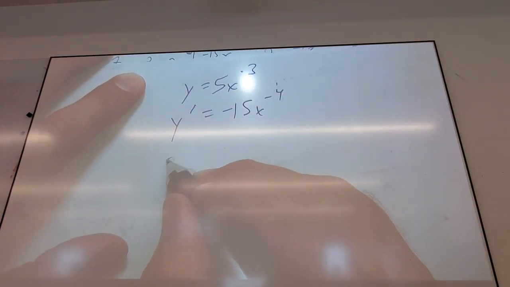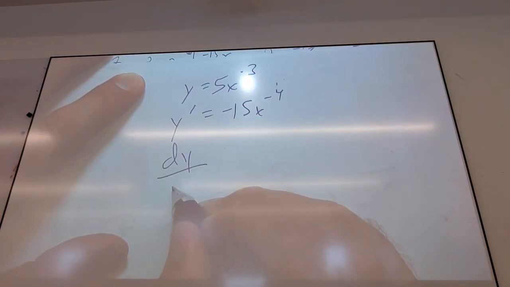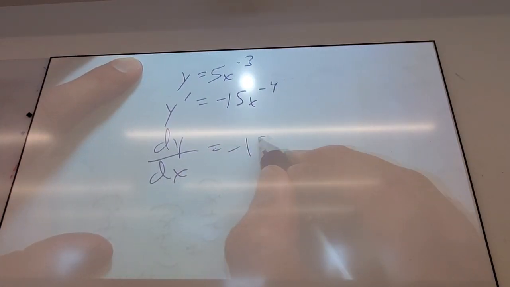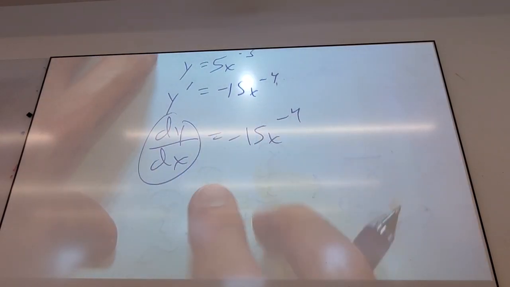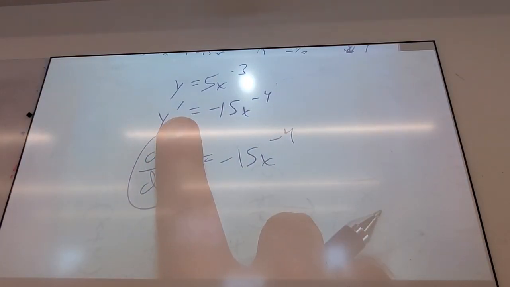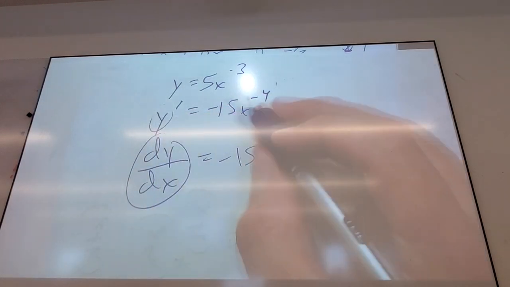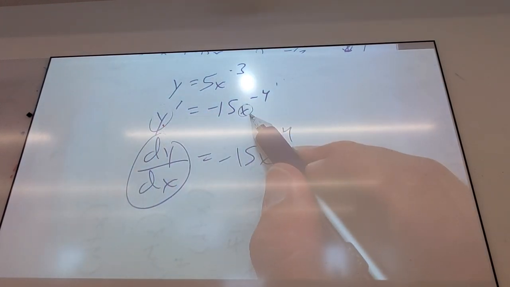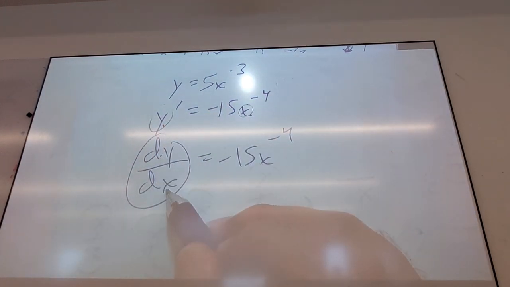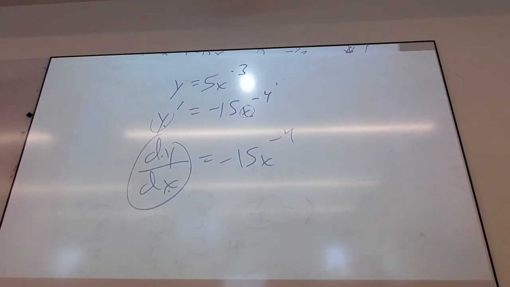This means the difference in y as x changes is this. This notation is actually better. If y was peaches and x was years, this would be peaches per year. I could see the units on the answer from the notation, yes?